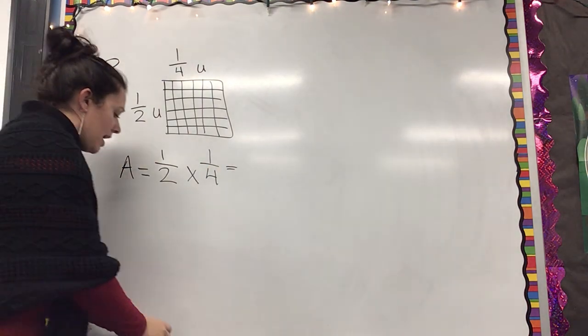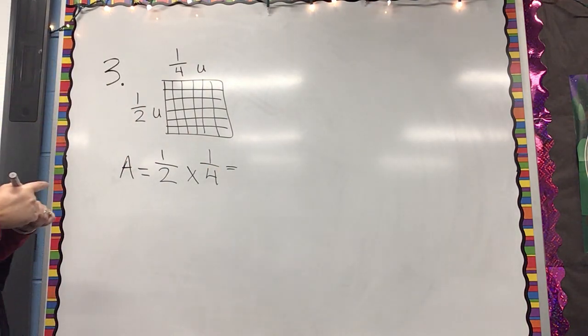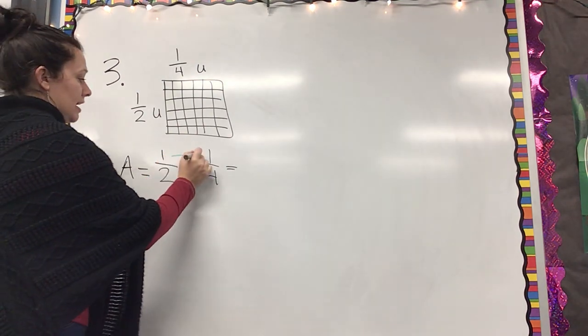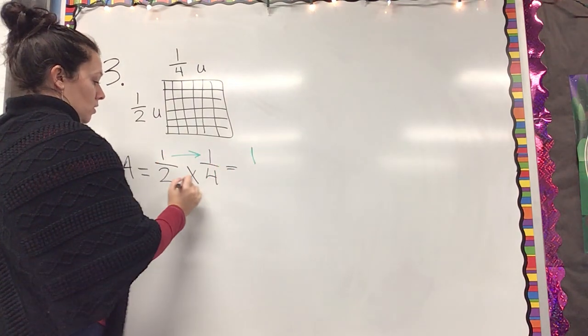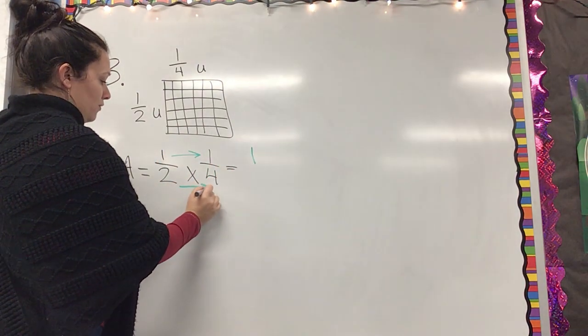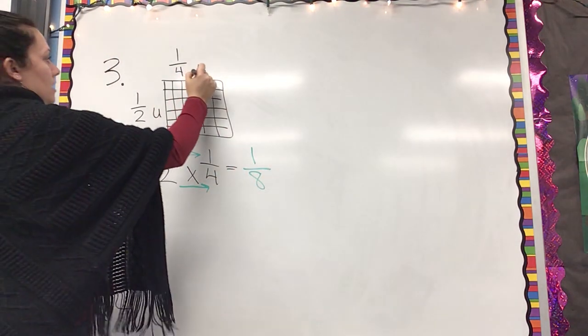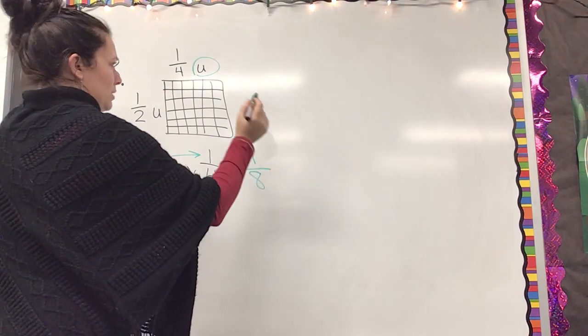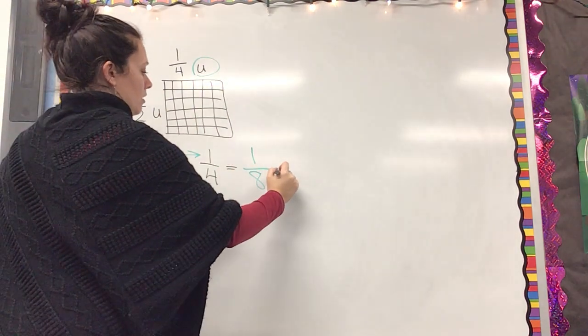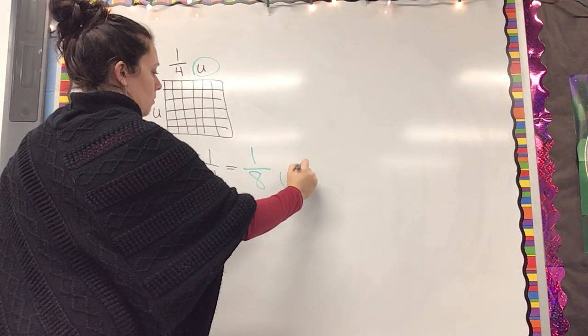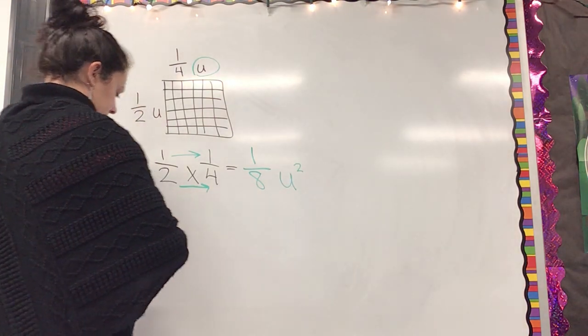I just multiply across. So what's 1 times 1? 1. What's 2 times 4? 8. Am I done? No. I need a label. Units squared. Done.